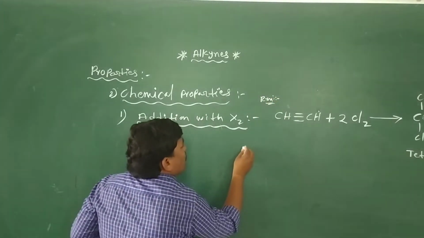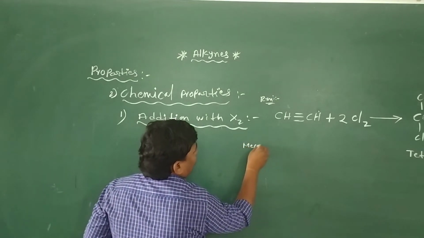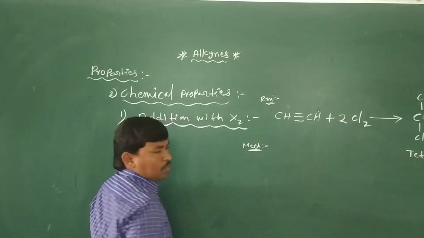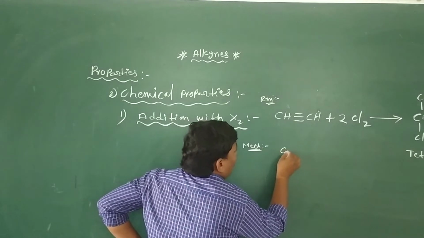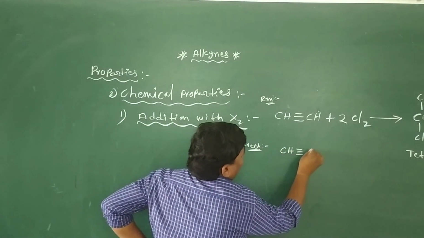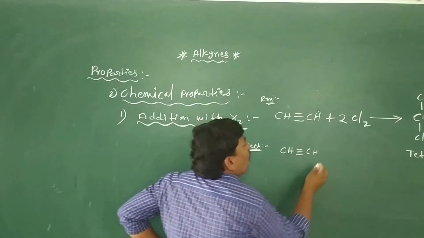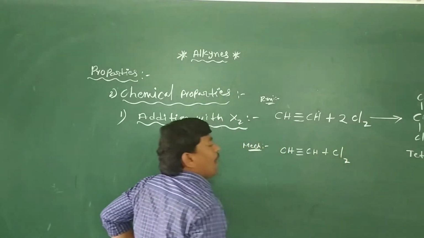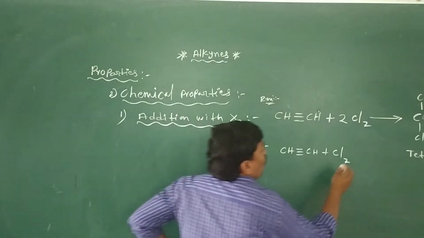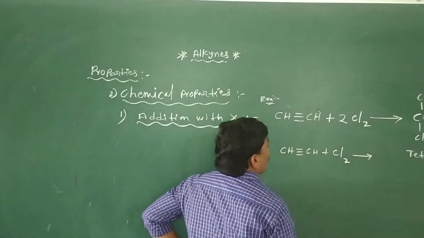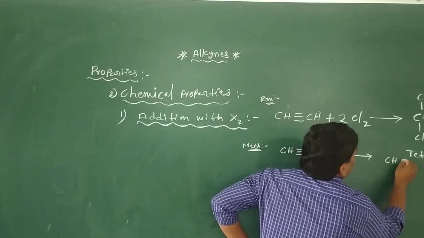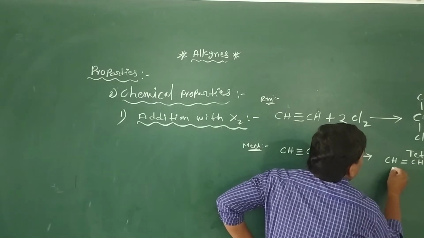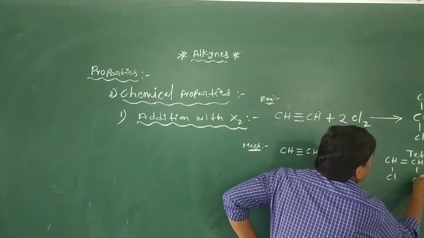And now the mechanism. First, the alkyne reacts with 1 mole of chloride or halide to form CHCl=CHCl.